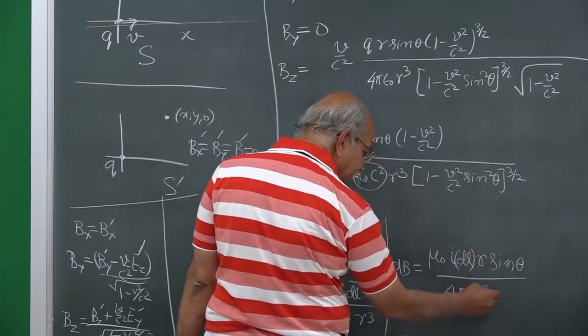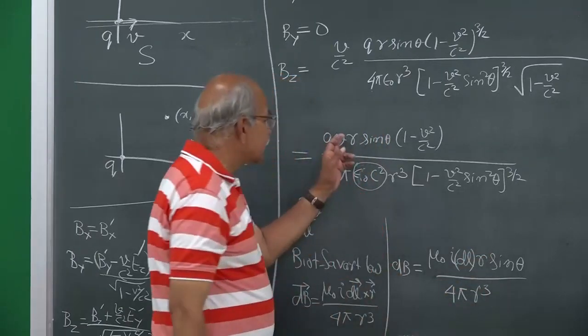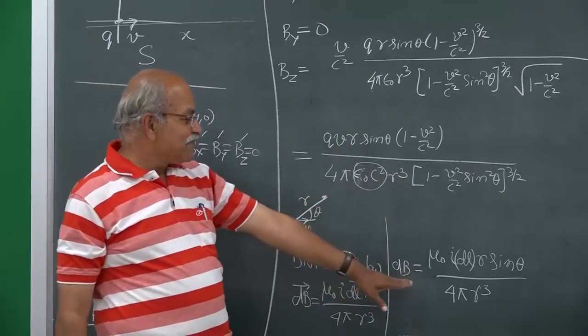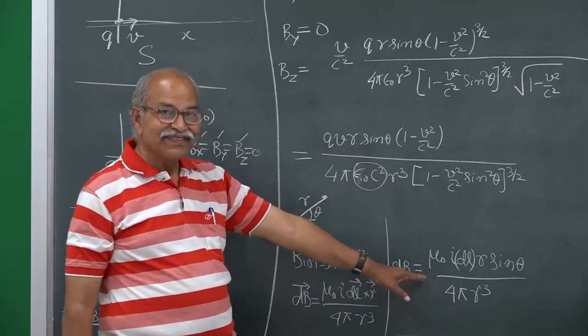So, this r you can cancel, it will be r square. So, that comes from the Biot-Savart law.